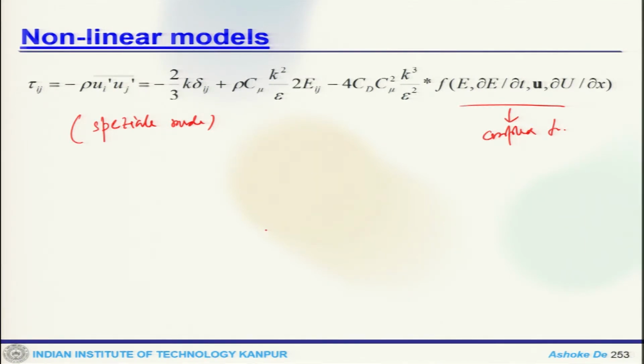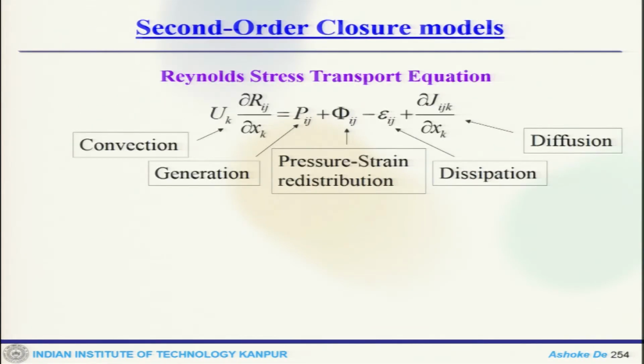These are relatively new, because they take these nonlinear corrections into consideration. Using these, another advancement that has taken place is the development of hybrid models, which use both RANS plus LES.